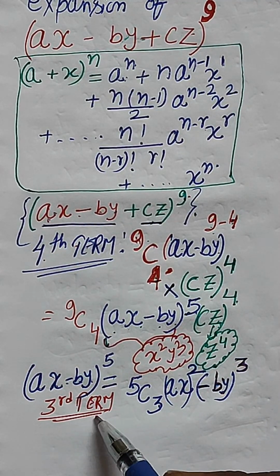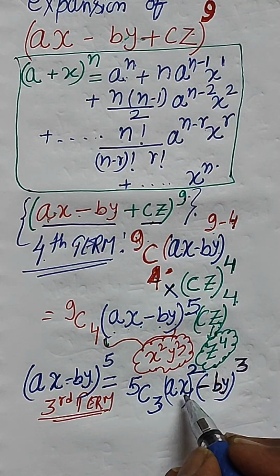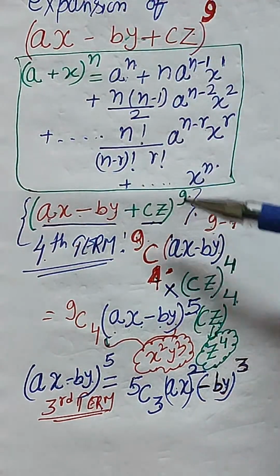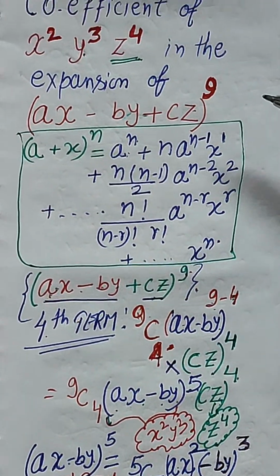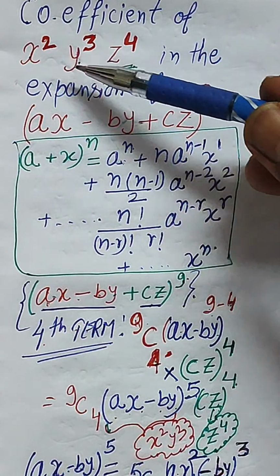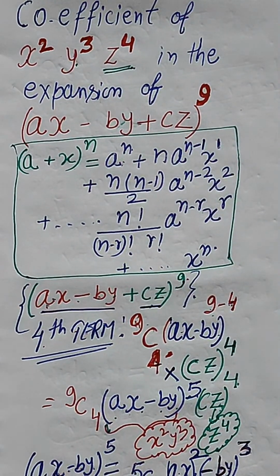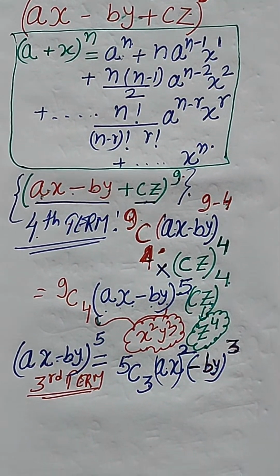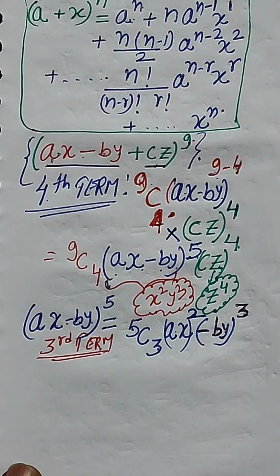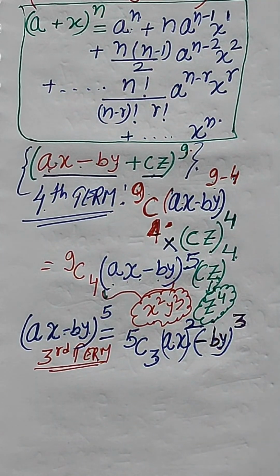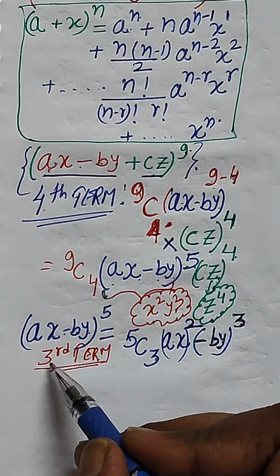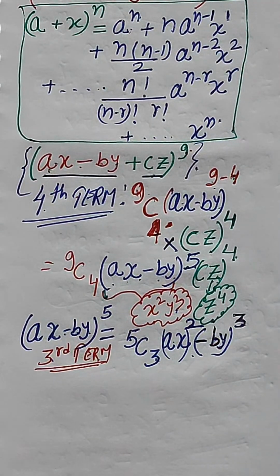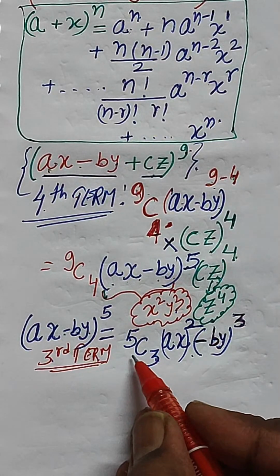Because the third term is the only term which gives you x square and y cube, and we need to find the coefficient of x square and y cube, right? So we have already decided it is coming through the third term.